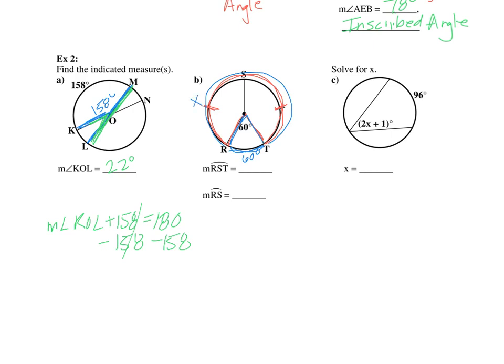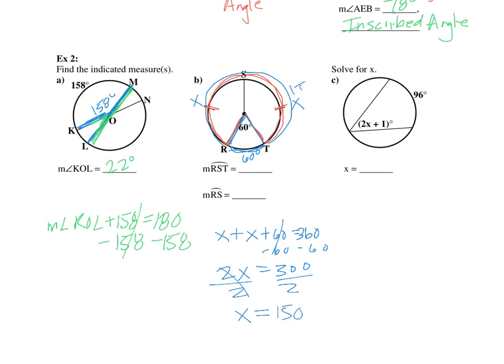Or you could do this. You could call this X, you could call that X. X plus 60 equals 360. Subtract 60, have 2x equals 300. Divide by 2, and x equals 150.